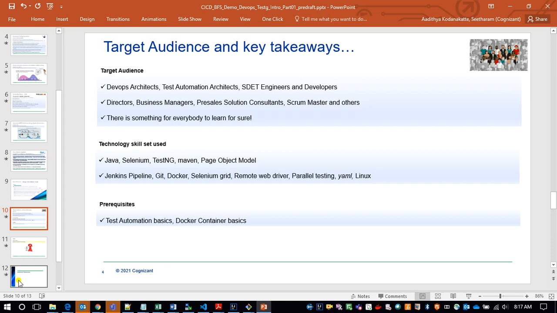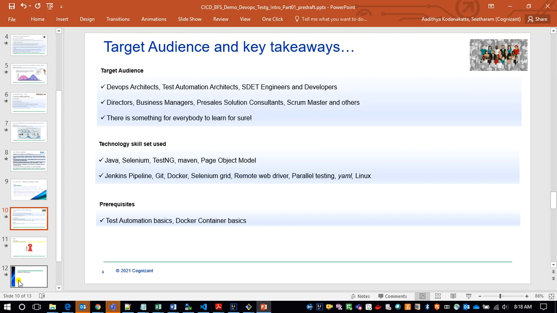The technology skill sets used are basically Java, Selenium, TestNG, Maven, Page Object Model, Jenkins pipeline, Git, Docker, Selenium Grid, Remote WebDriver, parallel testing, YAML, Linux. Fundamentals or commands are also important here that you will see in the demo.